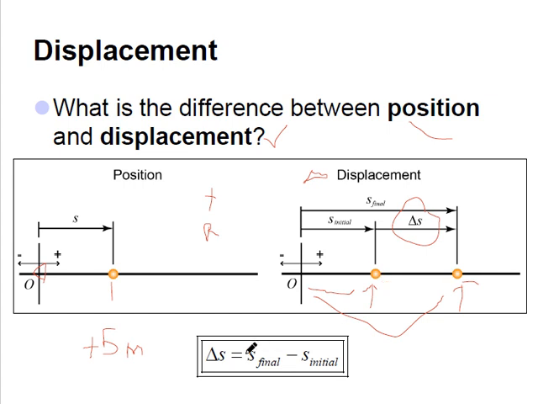We are on the s-axis, so you subtract initial position from final position, and that's how you mathematically calculate this distance, which is the change in position, and we call it the displacement of that particle.